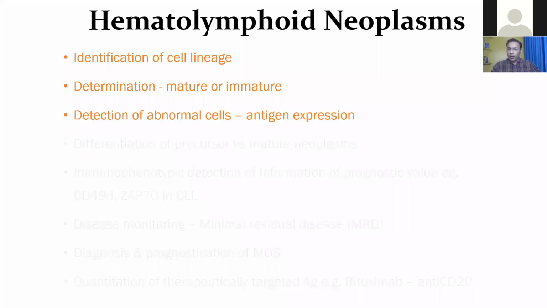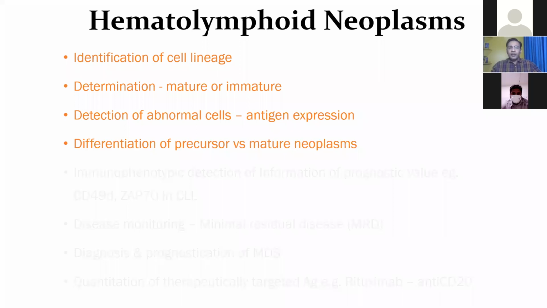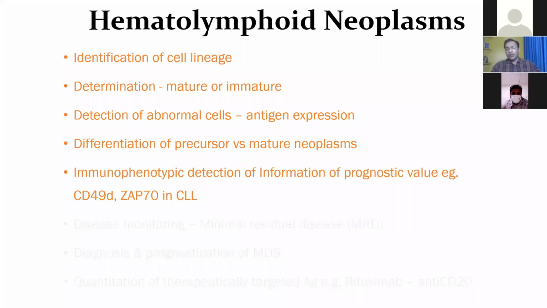If these are mature lymphoid cells, then the third question is, are these abnormal or normal? Then the fourth question is, even if these are abnormal, whether these are a precursor or a mature neoplasm. So on those four points we know, okay, this is immature, this is lymphoid, this is abnormal, and either this is lymphoma or leukemia. That information we get; for lineage, we know that this is AML.